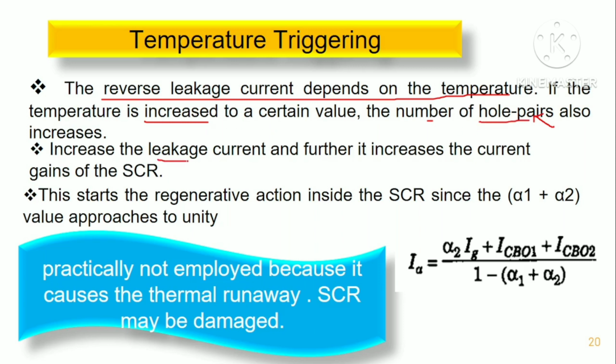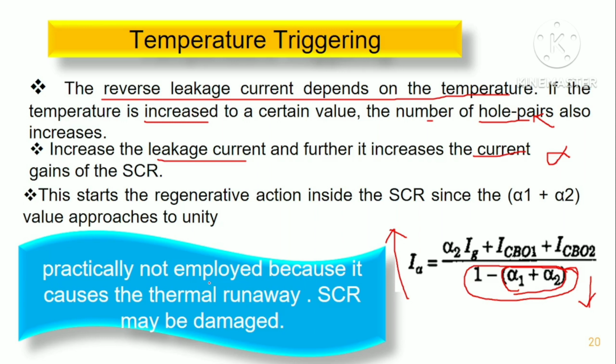Due to that, there is a larger leakage current, which increases the current gain alpha. If you see this equation, when alpha 1 and alpha 2 approach unity, the denominator has a very small value. When the denominator is very small, IA increases, so the anode current is very high.